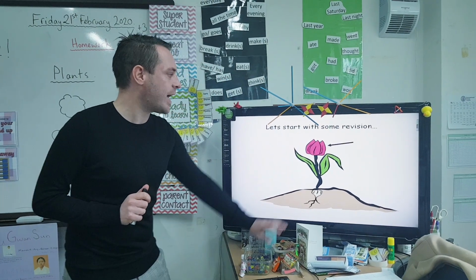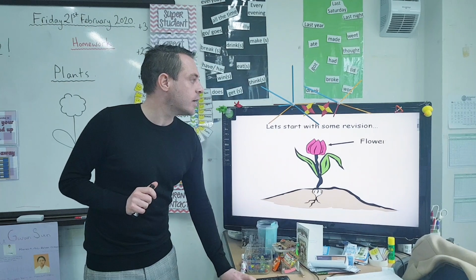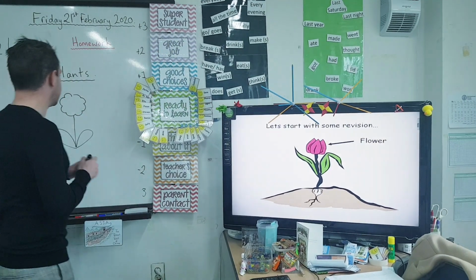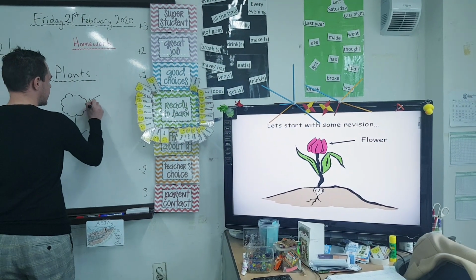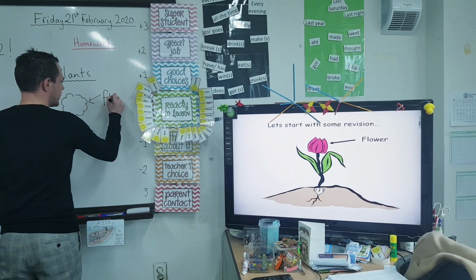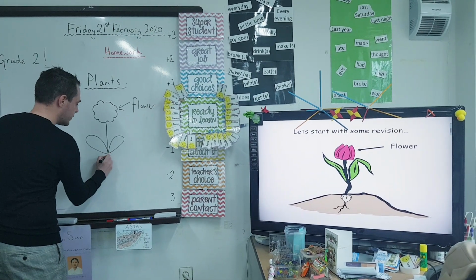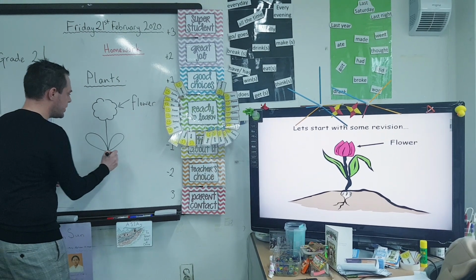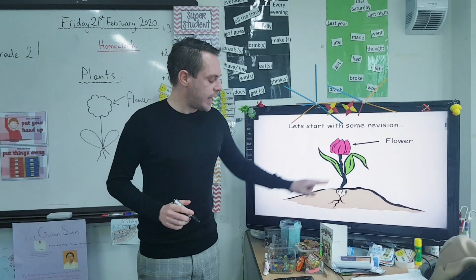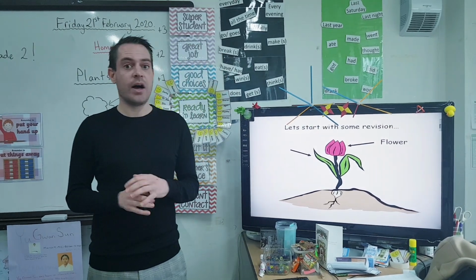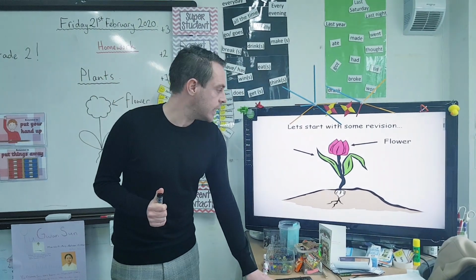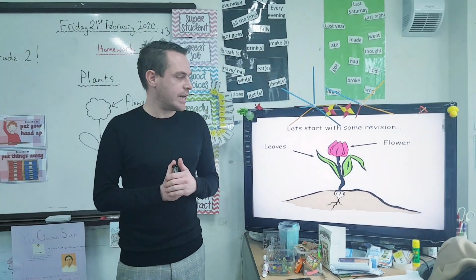So up here we have the flower, that's right. We need to draw some roots going down into there. There we are. Okay, then the next part we have are the leaves, that's right.